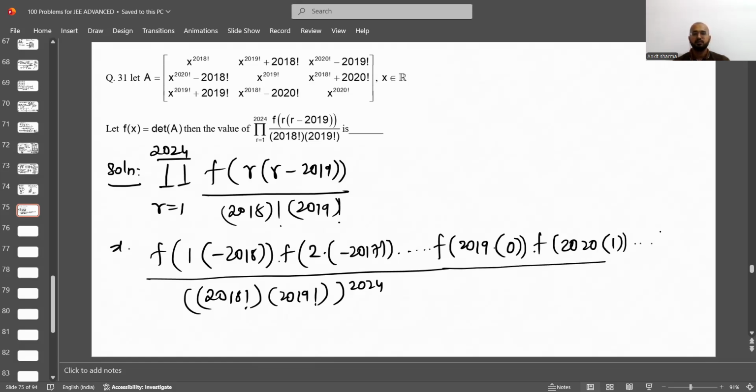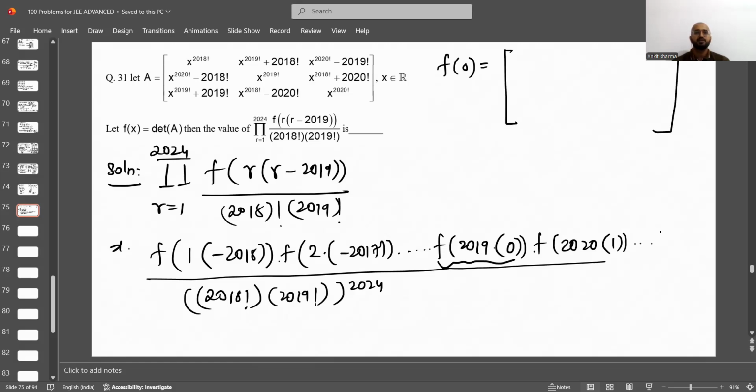And this is the most important guy in this entire expression. This is f of 0. So let us see what f of 0 is, by the way. f of 0 is going to give me the determinant of A. So if I need f of 0, then at the place of x, I can write 0 there.